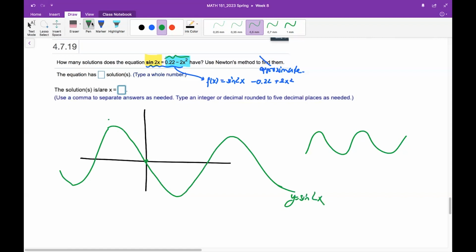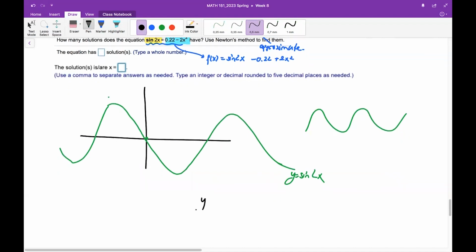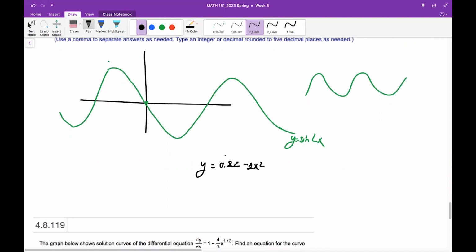What about this one? Okay. This one, y equals 0.22 minus 2x squared. You can draw this one by using shifting. It is a parabola, in fact. You know, this is y equals 2x squared, a parabola.